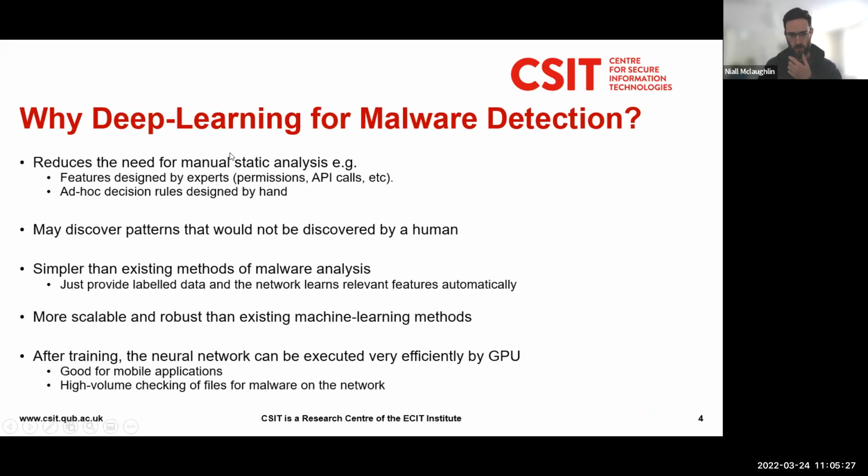Right, so why do we want to use deep learning for malware detection in general? Deep learning has obviously revolutionized the world of machine learning over the last 10 years or so. The big reason why we want to use it is because we want to remove the need for manual analysis that people would have done in the past.